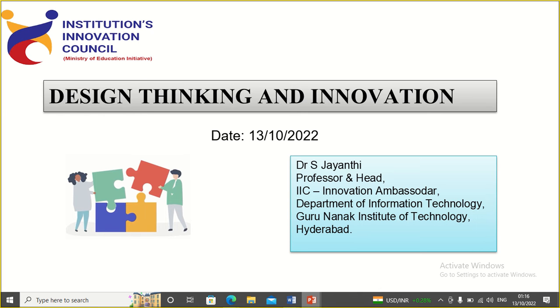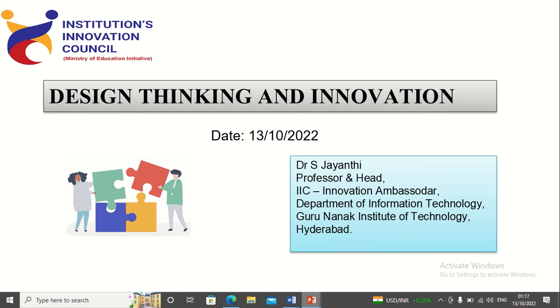The ultimate aim of IIC is fostering innovation, entrepreneurship and other scientific and technology related activities among the students in higher education institutions. It is fully focused on nurturing research and development, entrepreneurship, and startup related activities among the students in higher education institutions in India.